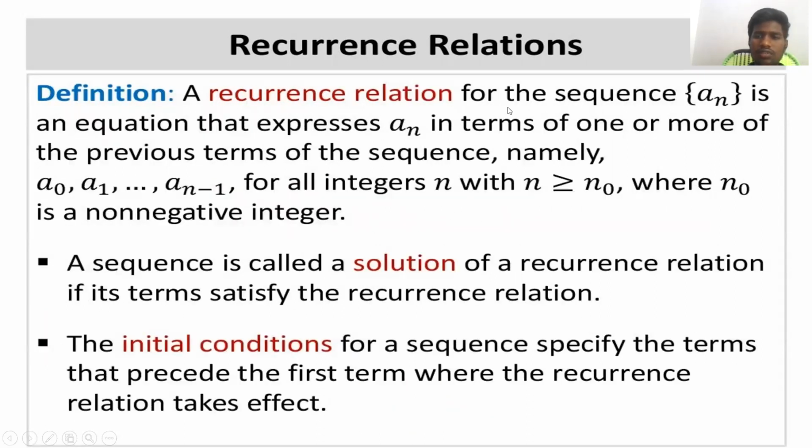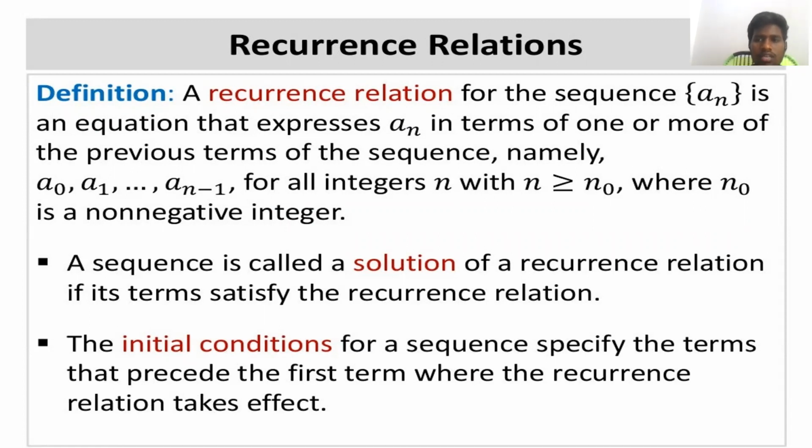A recurrence relation for the sequence a_n is an equation that expresses a_n in terms of one or more of the previous terms of the sequence, namely a0, a1, and so on up to a_(n-1), for all integers n with n greater than or equal to n0, where n0 is a non-negative integer.